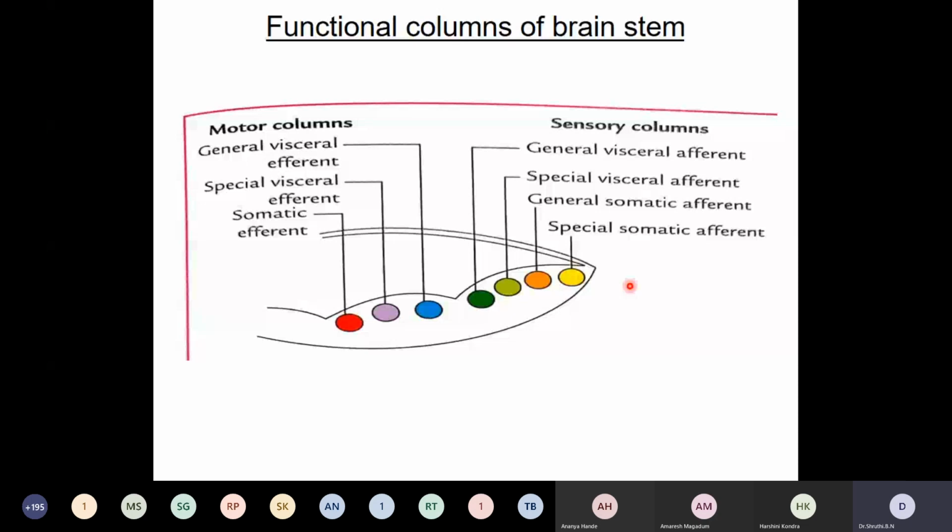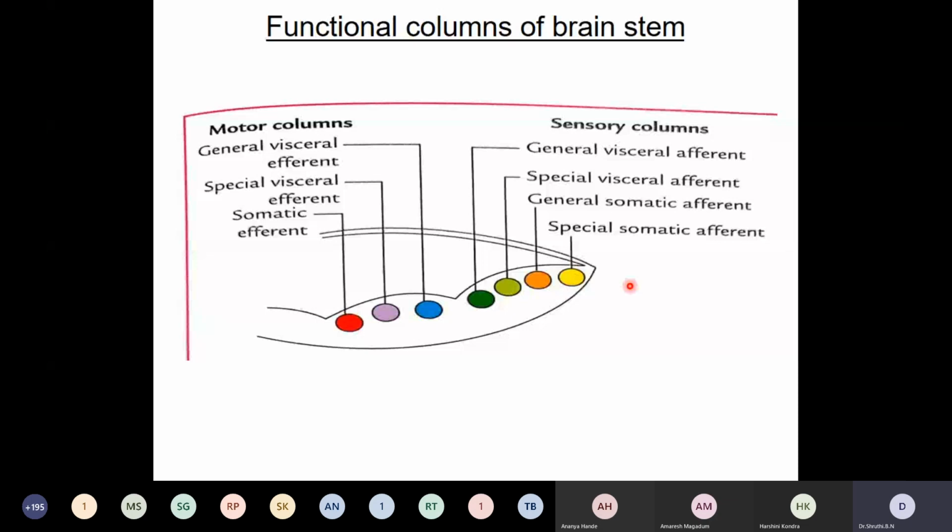So to remember what nuclei and what structures you get at that level, you cannot just mug up the names of those nuclei. You should have a better understanding of the position of the cranial nerve nuclei, then only it will be easy for you. So now you know that midbrain, pons and medulla oblongata together are called the brainstem.